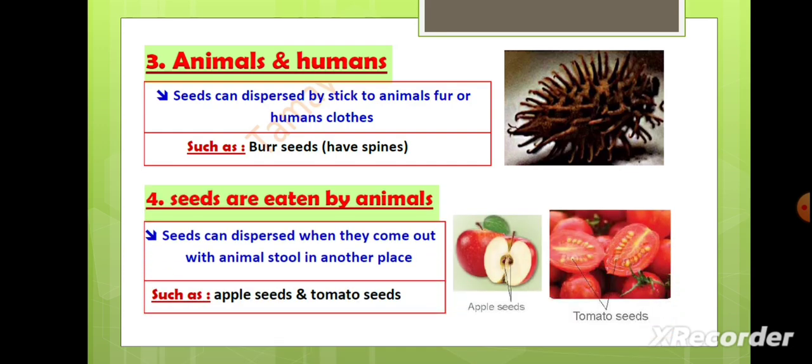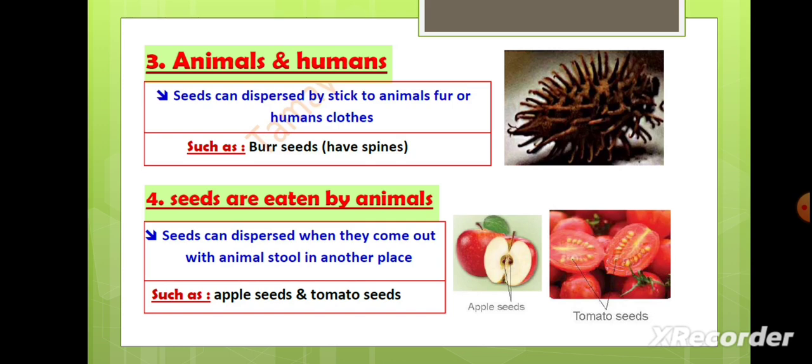Fourth, seeds eaten by animals can also disperse from one place to another. How? Like animals that eat apples or tomatoes. For example, let's say a rabbit eats a tomato plant or an apple fruit. The apple contains seeds inside it.